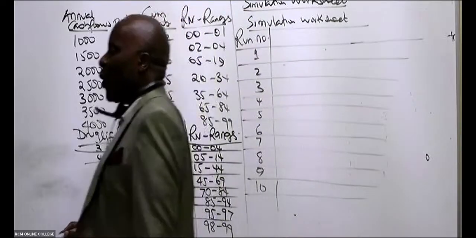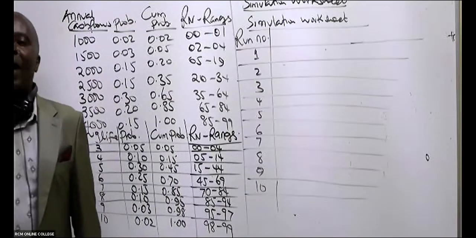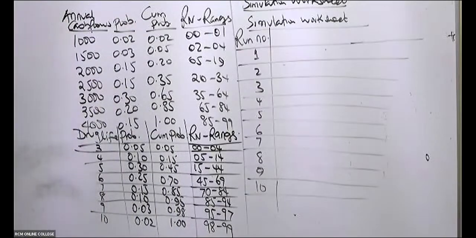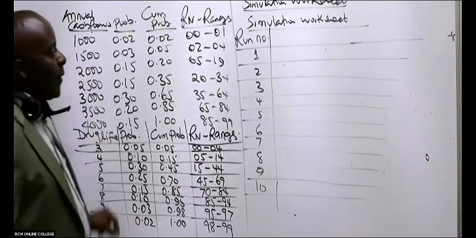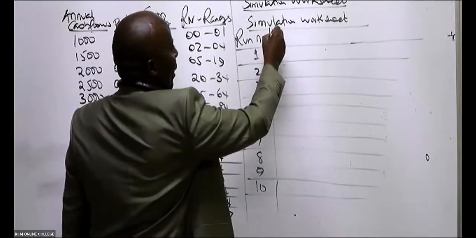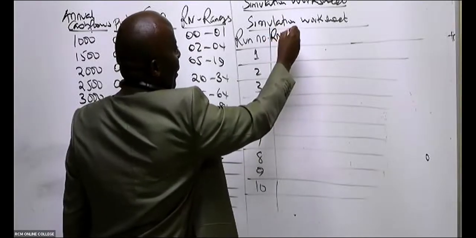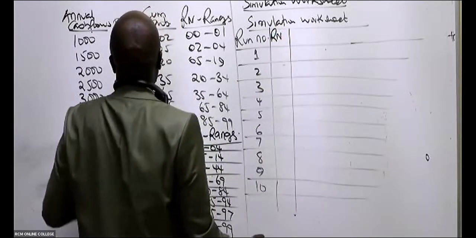So remember, for each run, you must predict our variables. We have 2 variables. For each variable to be predicted, you use what we call a random number. So you pick a random number to be able to predict cash flow.